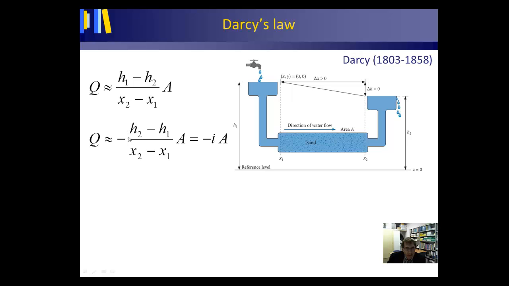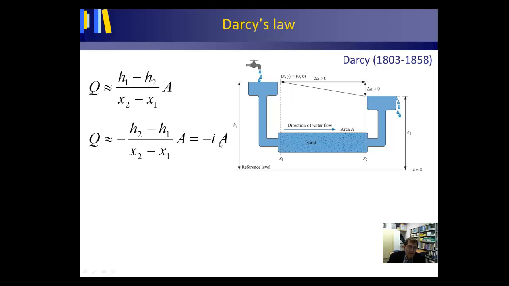In actual fact, this term, your difference in hydraulic head divided by the difference in location through which the difference in hydraulic head is attained, we call this the hydraulic gradient. And we denote that with a small i. So Q equals minus the hydraulic gradient times this area perpendicular to your water flow.